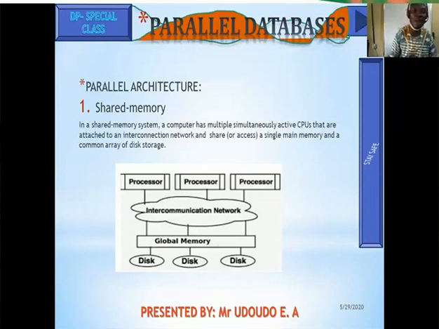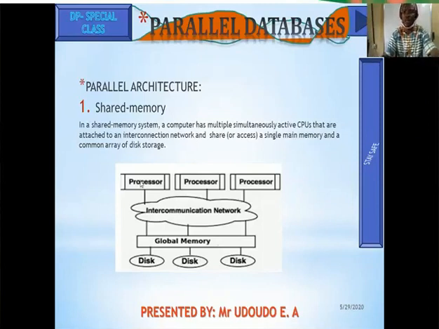All right, so we're talking about shared memory. What's so special about this? You have a system there. Ejoku has a system. David has a system. Chika has a system. Now, these systems can be connected, and all the connected systems are operating the same database. So, system A, system B, system C, that is the aspect.